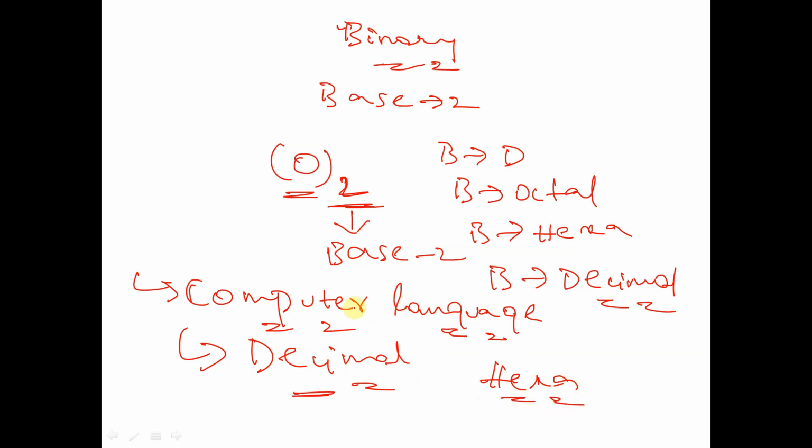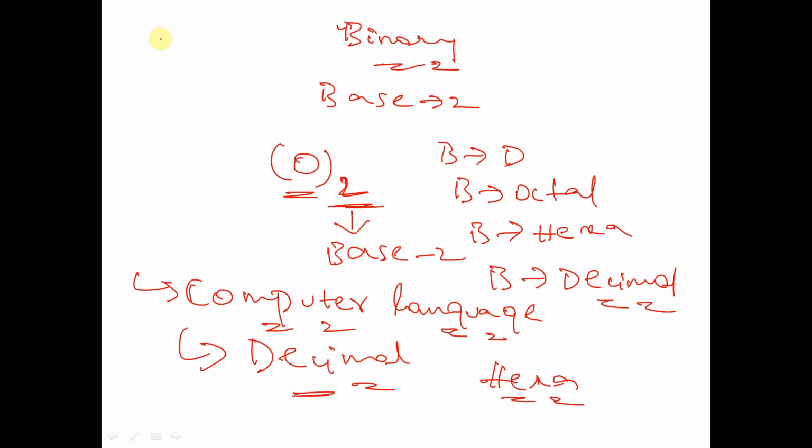Finally, the last will be binary. The simulator or the compiler can understand only binary language. So we will start directly with the conversion of binary to decimal number system.